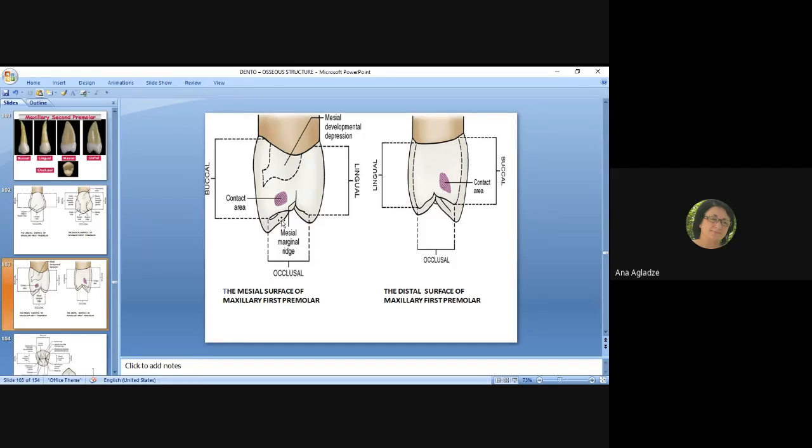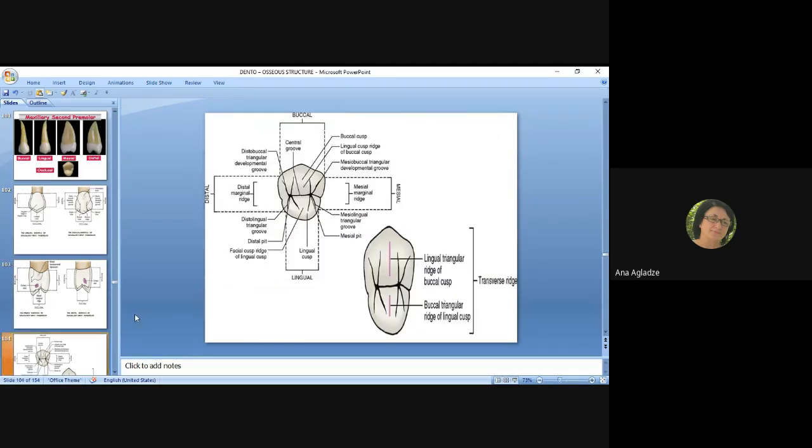And here you can see the mesial marginal ridge. This is the occlusal aspect. This is the lingual aspect, this is the buccal aspect. This is the lingual cusp, this is the buccal cusp.